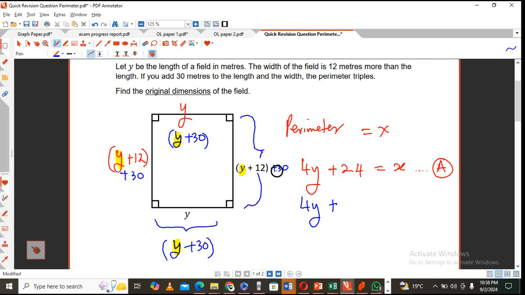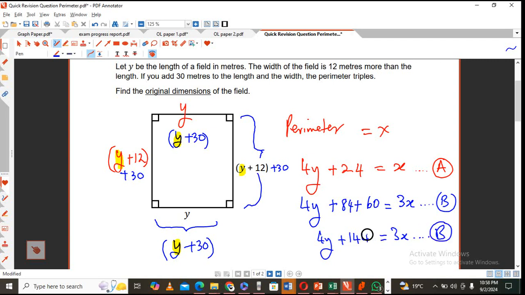So when you add 30 to 12, that gives you 42, plus another 42 over there, that gives you 84. Then if we add the two 30s, plus 60, that should give you 3 times the perimeter. If you clean this up, you have 4y plus 144, which gives you 3x, and let's suppose that is our equation.